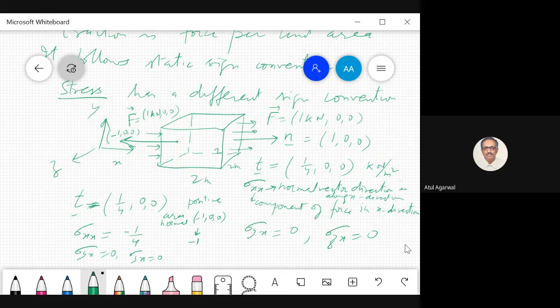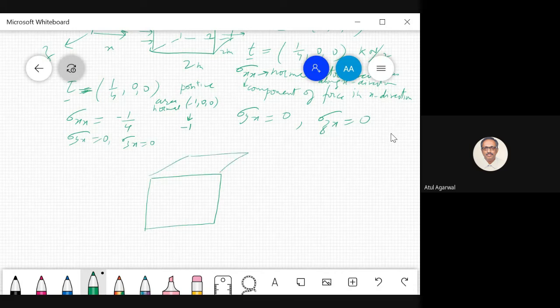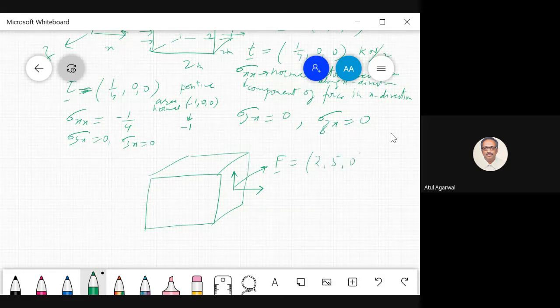Now I'll do it again. I'll take more than one component. So I take a component like this. I take a component like this. So I say this is net forces. F is equal to... so this is my force.